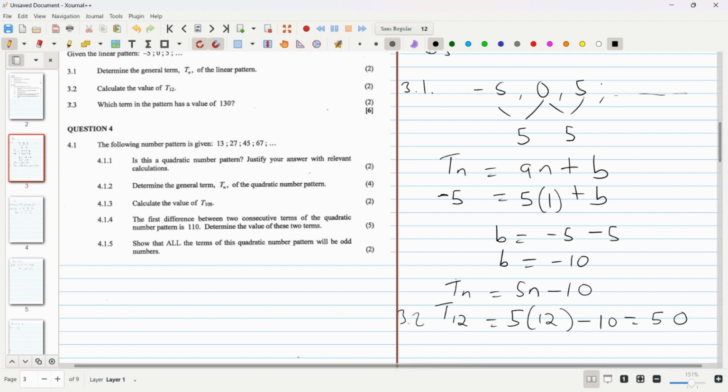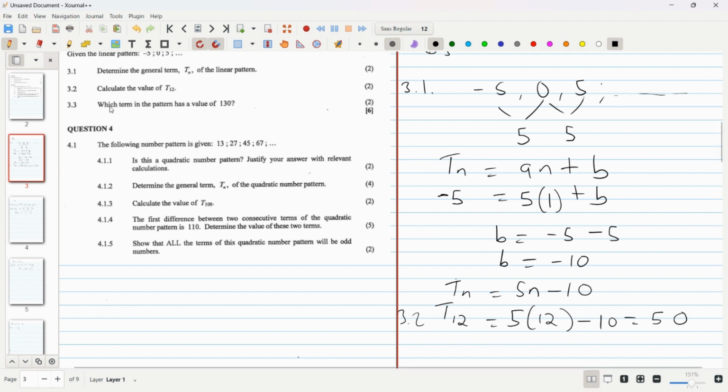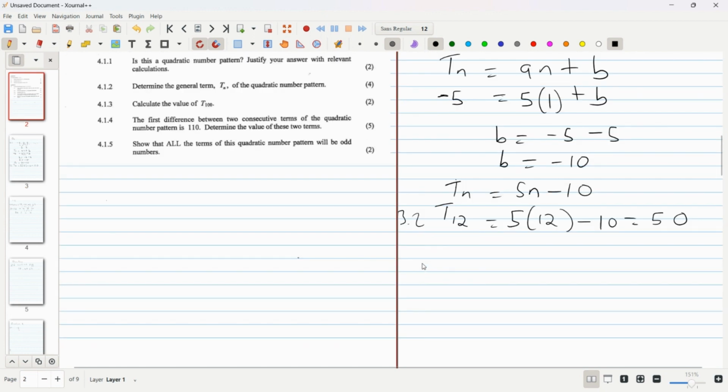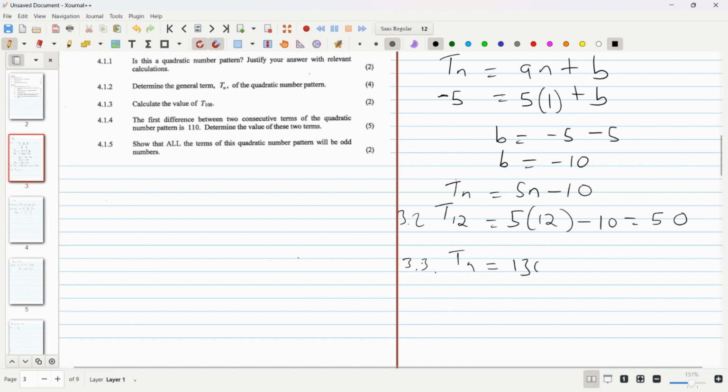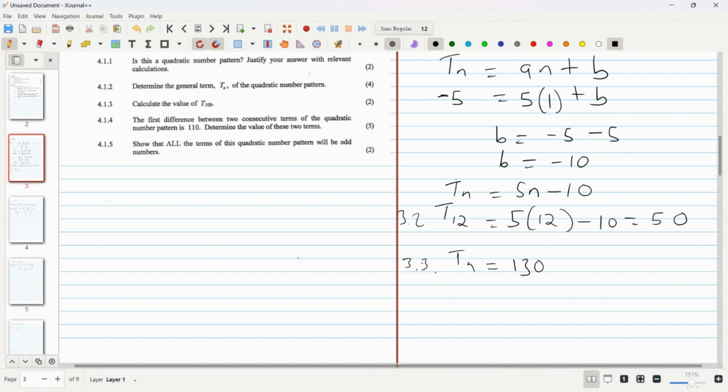And then 3.3, they ask us to find which term in the number pattern has the value of 130, right? So we want to know the value Tn equals 130. We know the general formula, which is Tn equals 5n minus 10.